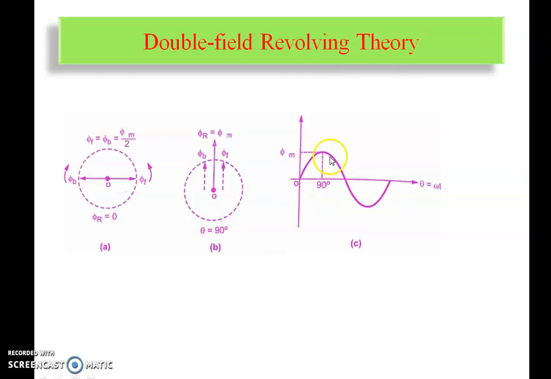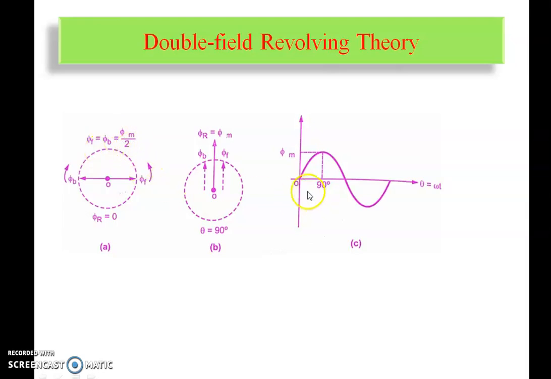Now, once I know that this is the maximum flux value, I consider that phi b is rotating in the clockwise direction and phi f is rotating in the anti-clockwise direction. That means the directions I have shown. So assume that phi f is rotating anti-clockwise while phi b is rotating clockwise.